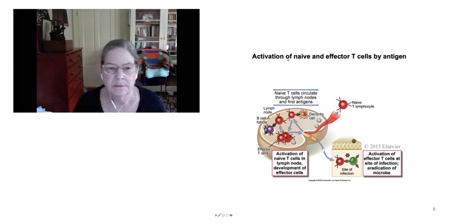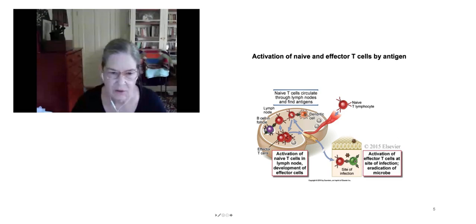Okay, what else? Activation. So again, what's going to happen is that naive T cells are going to come in through the arterial system, walk out of those high endothelial cells, get activated by a dendritic cell, and then they can become effector T cells and go out of the efferent lymphatic and go to the site of infection.